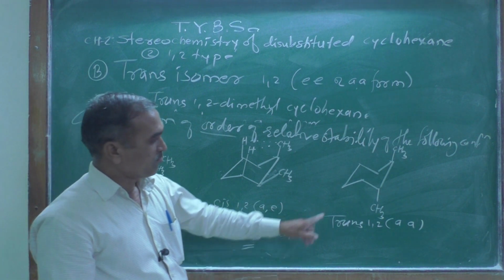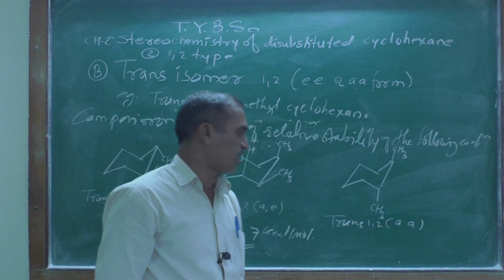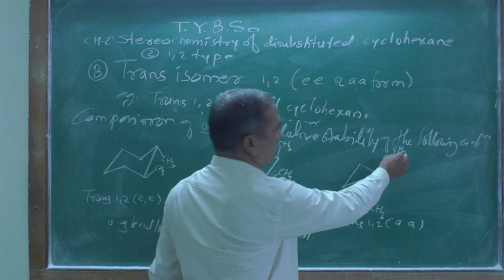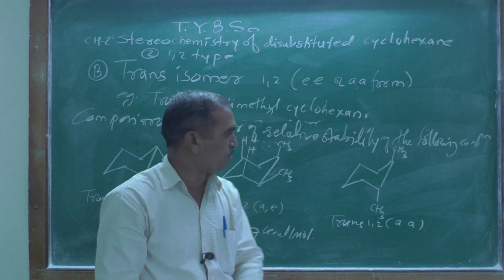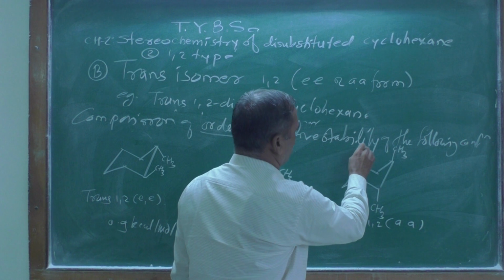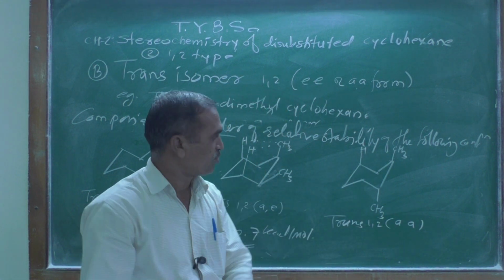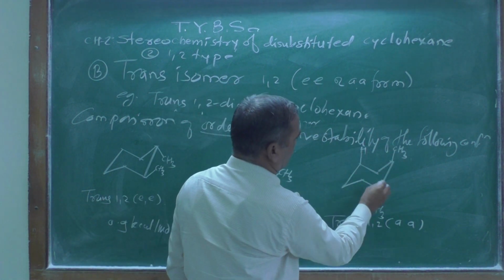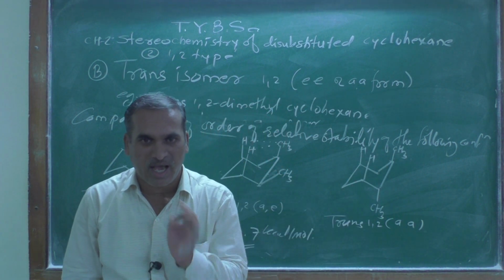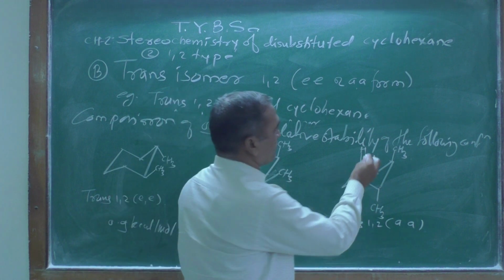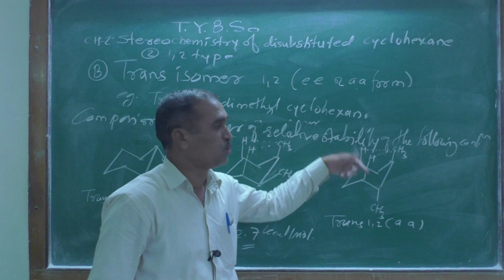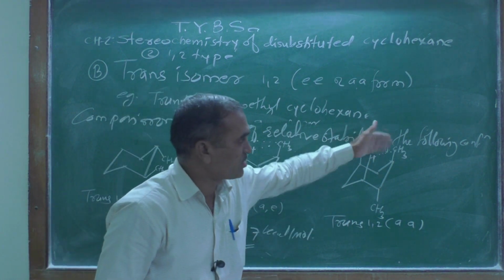Now here in trans 1,2 dimethylcyclohexane, or AA form, look at the methyl group which is present at axial position. Count here 1 2 3. Here is one hydrogen atom which is present at axial position. Again look at 1 2 3. The hydrogen atom at axial position shows the 1,3 diaxial interaction. Two are above with this methyl group.